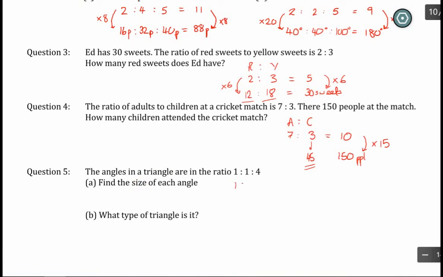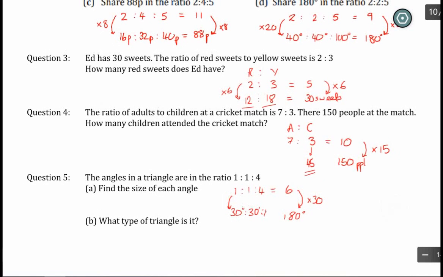So 1 to 1 to 4, that makes 6 parts. They're going to add up to 180 degrees. So each part is 30, so the size of each of these angles is 30, 30, and 4 lots of 30 is 120. Adds back up to 180.